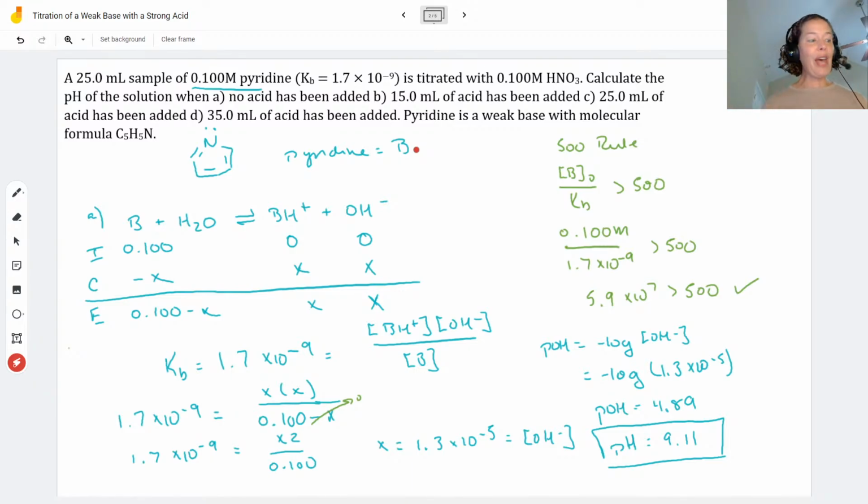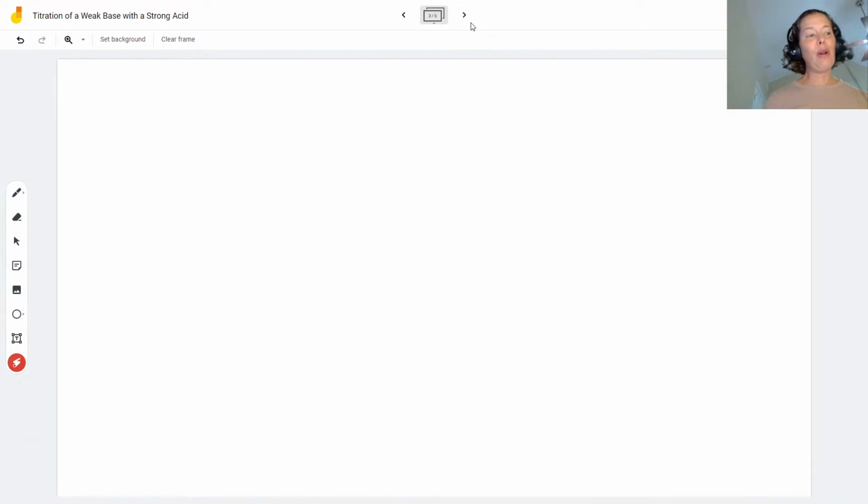Okay, so that is part A. Let's go on to part B. All right, so in part B, we have added 15 milliliters of 0.1 molar nitric acid. So the first thing that we need to do is our stoichiometry. And then once we're done with our stoichiometry, then we can do our equilibrium side.